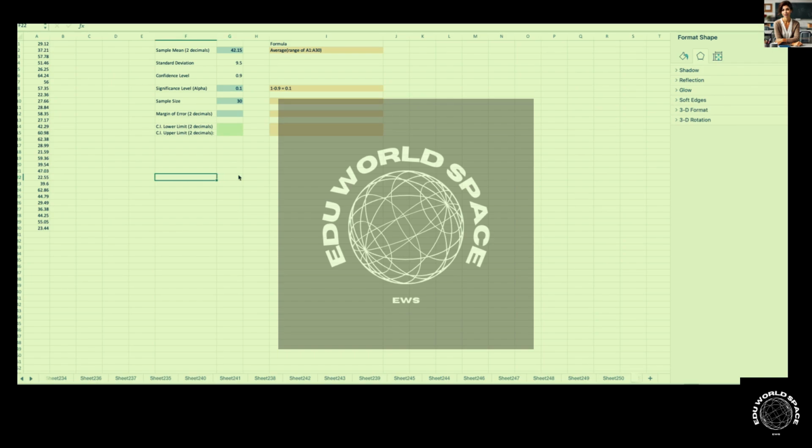So what you're going to do is you're going to hit the equal sign, then 1 minus, and then a parenthesis, 0.1 divided by 2, and then close your parenthesis and hit enter.